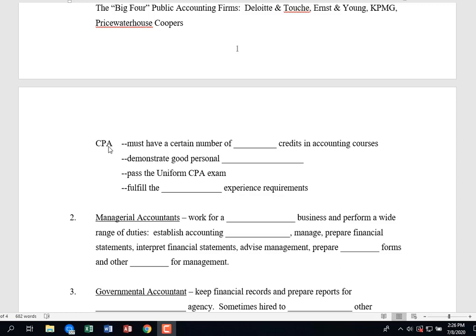You have to demonstrate good personal character. You have to pass the uniform CPA exam. And you have to fulfill the state experience requirements. You have to work in an accounting office for a couple years before you can become a certified public accountant.